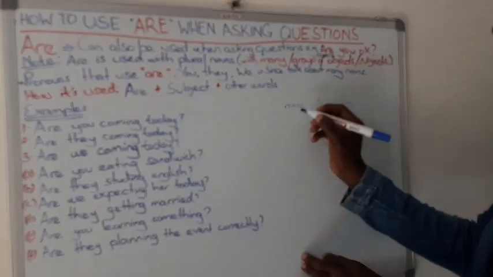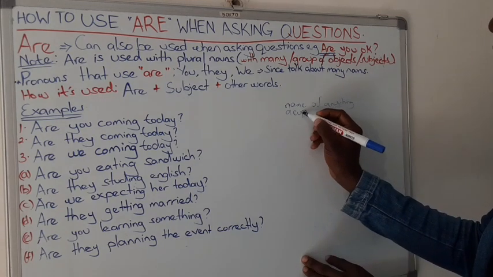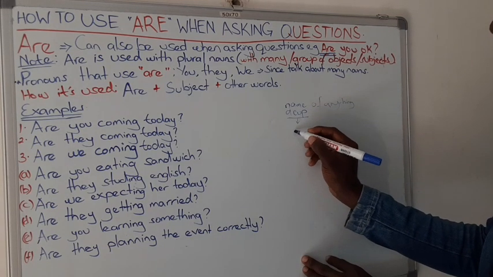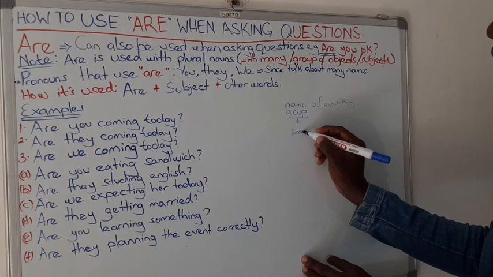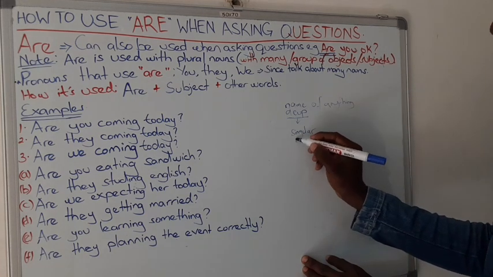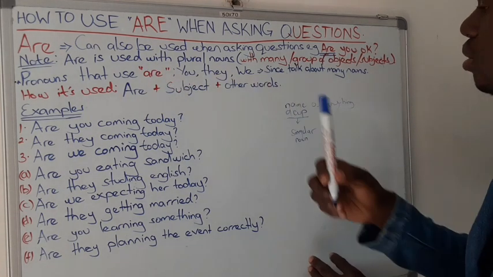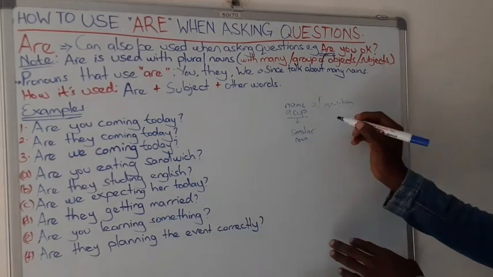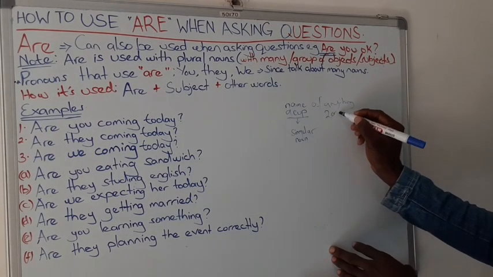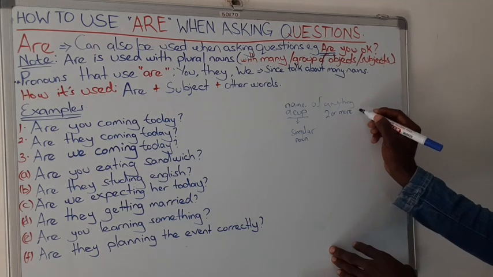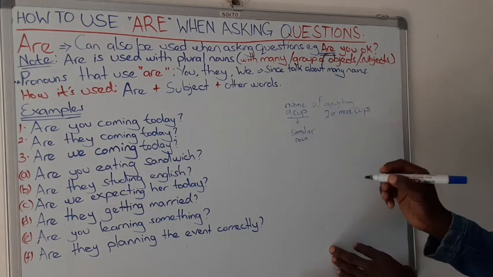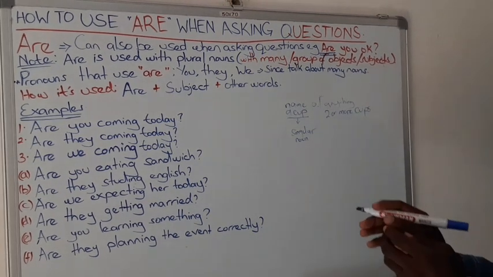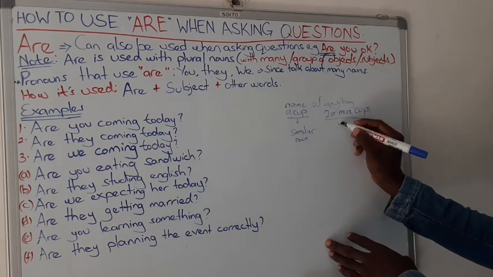An example, a cup. A cup is singular. This is a singular noun. If you have one cup, and from one cup you have two or more cups, these move from singular to being plural.